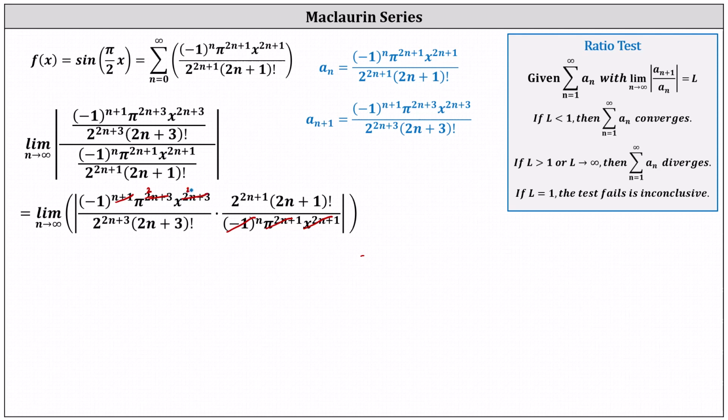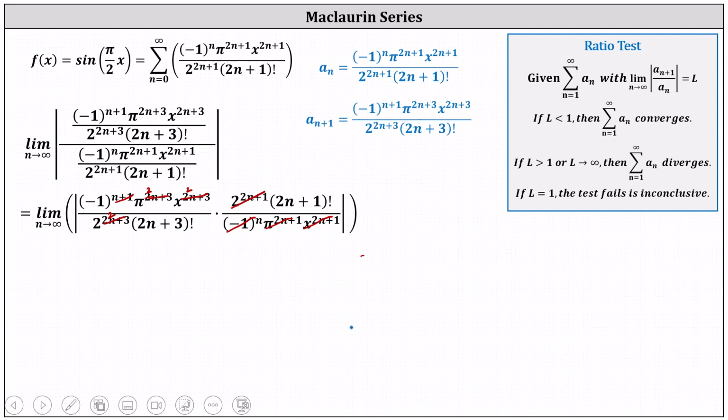And now looking at the bases of 2, 2 to the power of 2n plus 1 divided by 2 to the power of 2n plus 3 simplifies to 2 factors of 2 in the denominator. And 2n plus 1 factorial divided by 2n plus 3 factorial will simplify to 2n plus 3 times 2n plus 2 in the denominator.